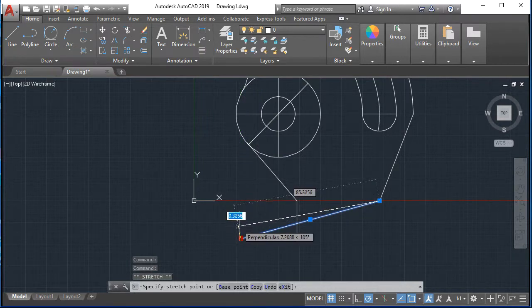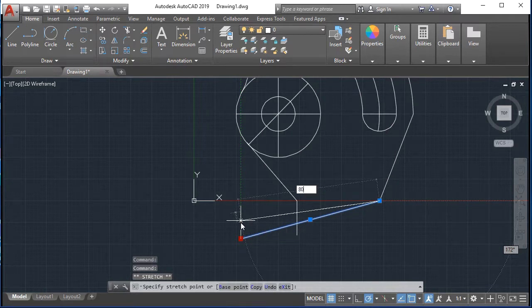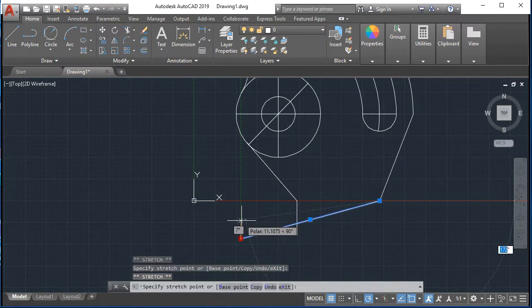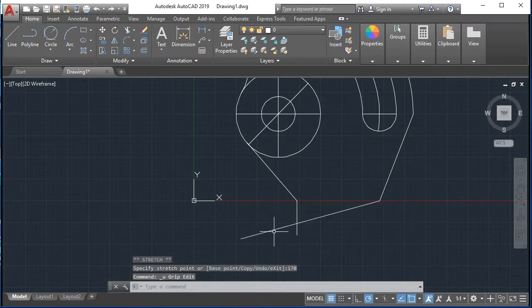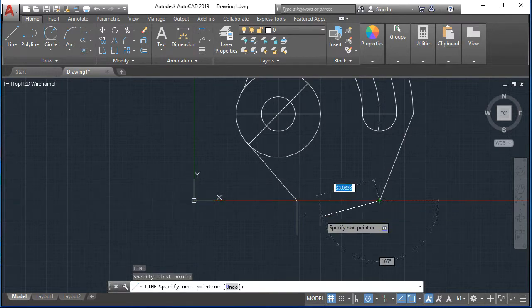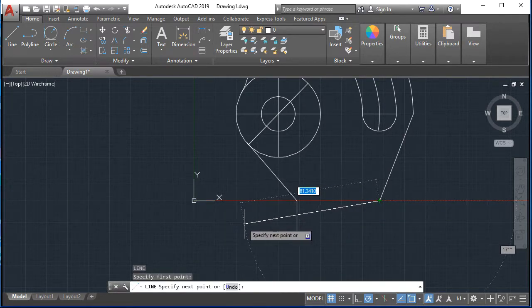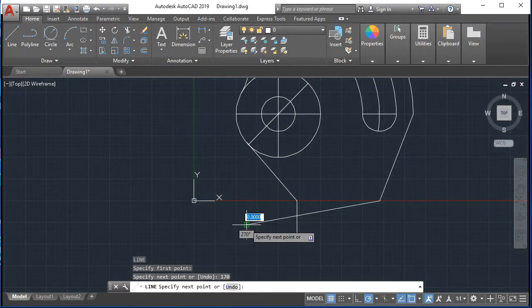So 80 and 170. I'm taking a line from this base point, 80 is the length and 170 is the angle. Yeah.